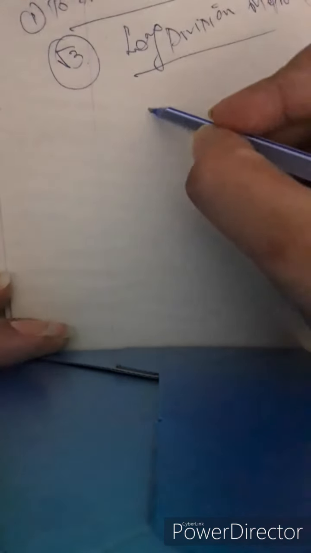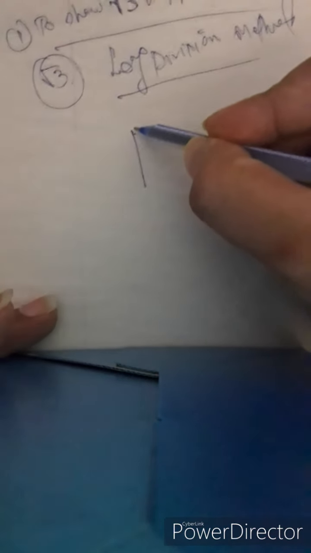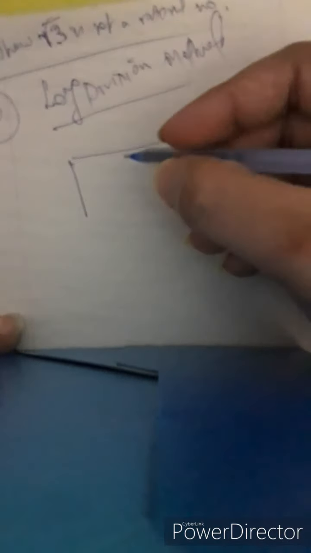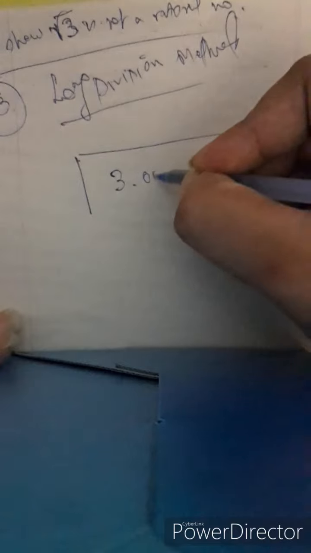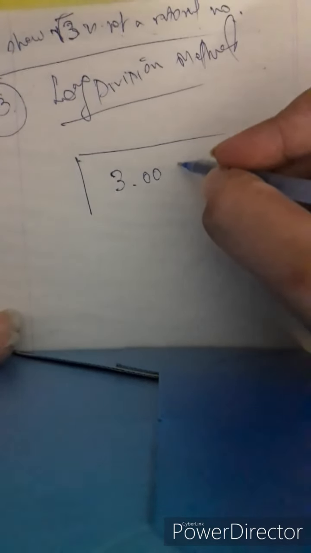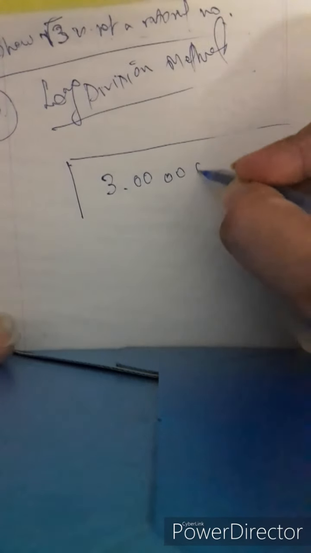All right, so let's do it. Just by long division method, we'll take here 3, taking 2 places of decimals, as many as possible.